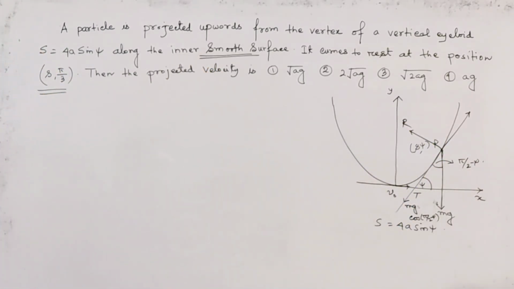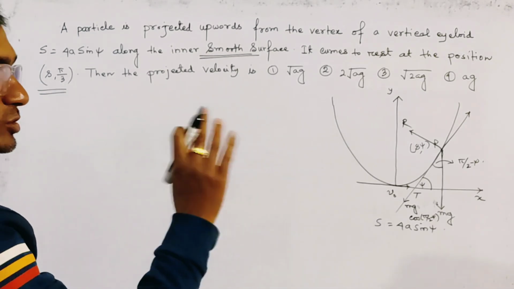Now we write down two equations of motion. We first write down the tangential equation of motion.